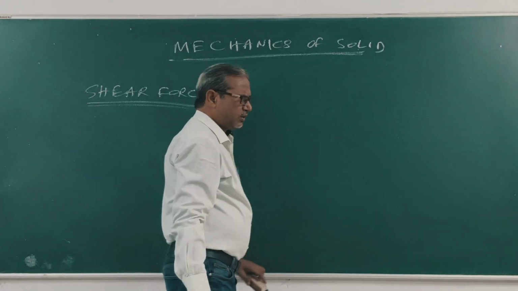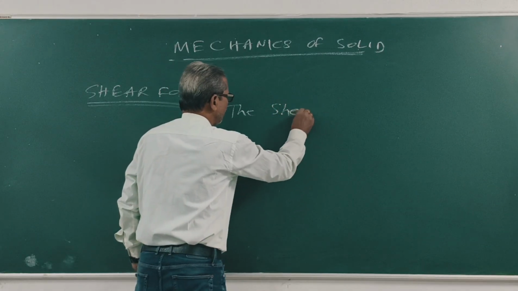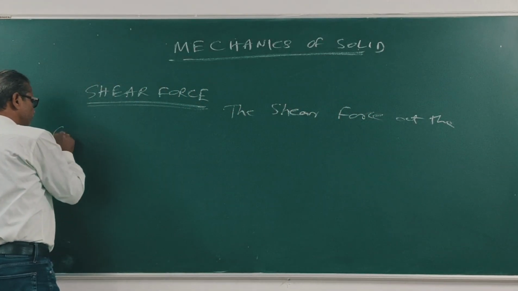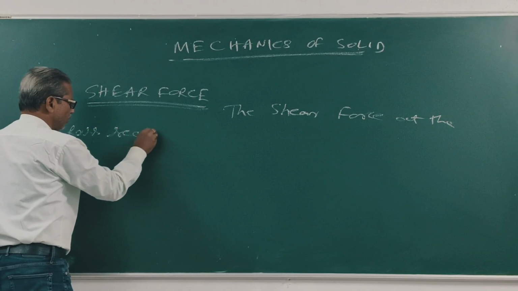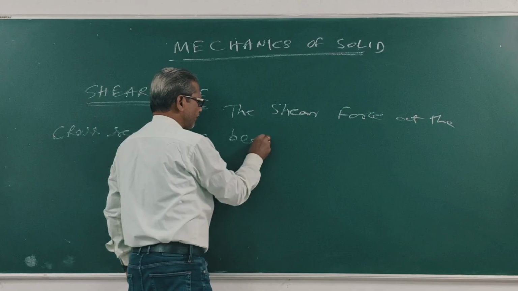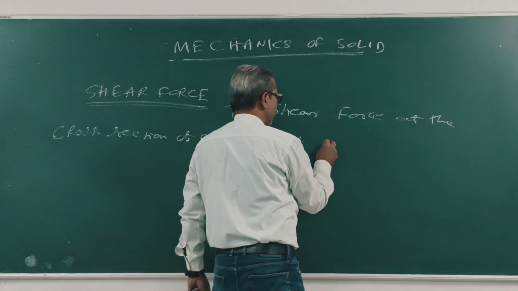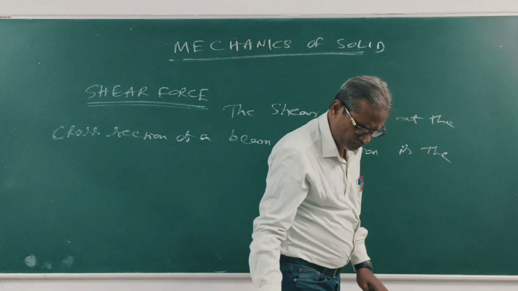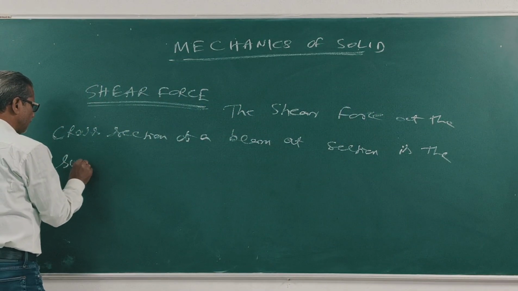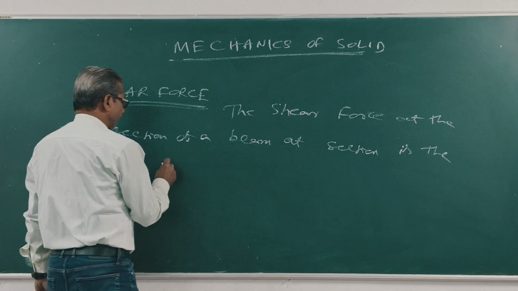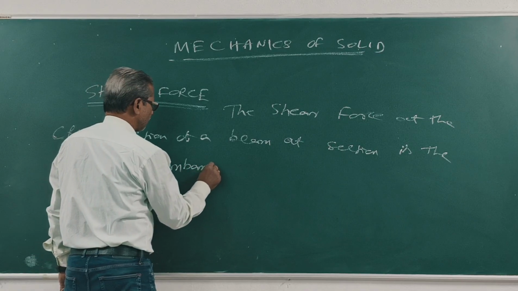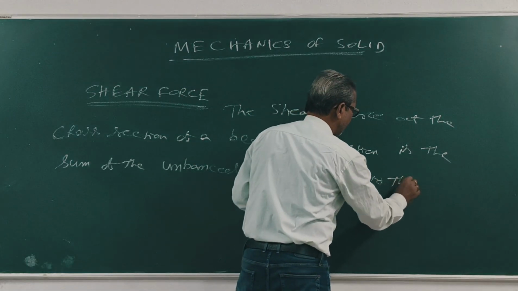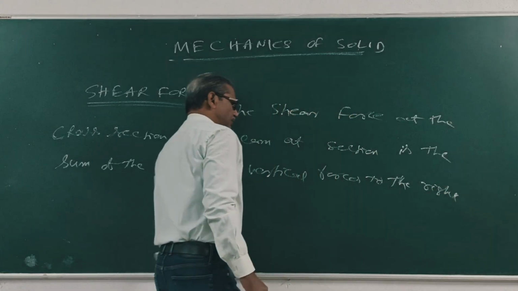Shear force. The shear force at the cross section of a beam at a section is the sum of the unbalanced vertical forces to the right or left of the section.